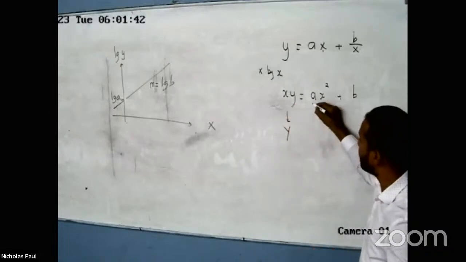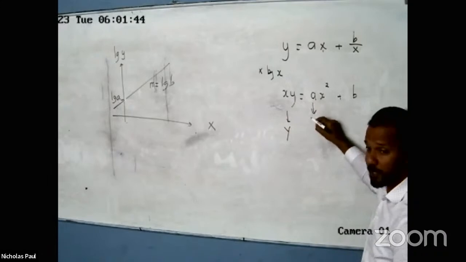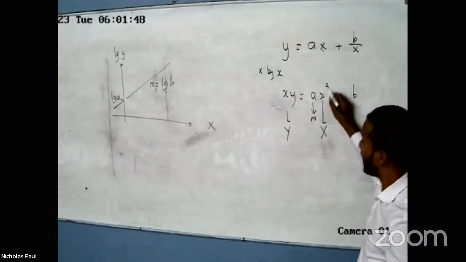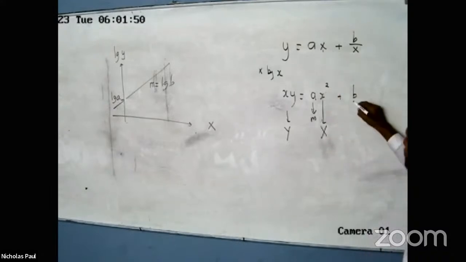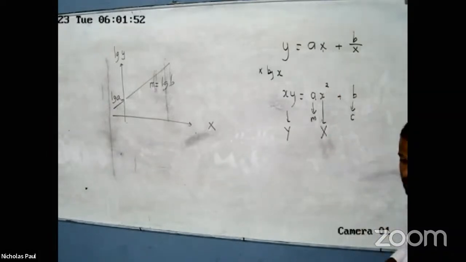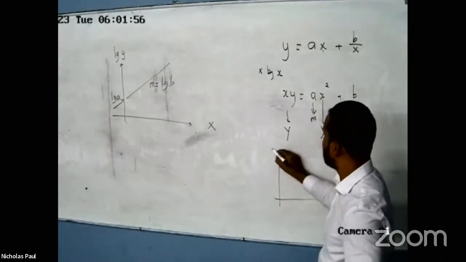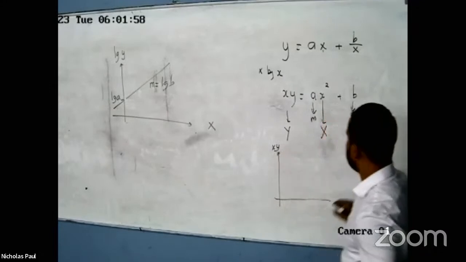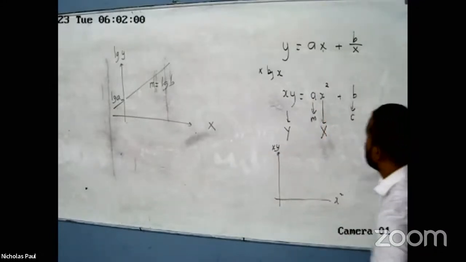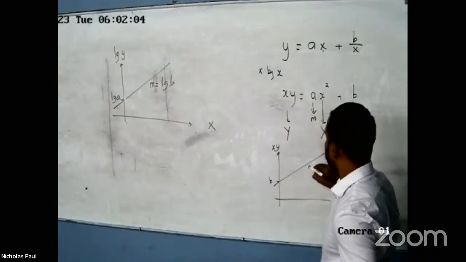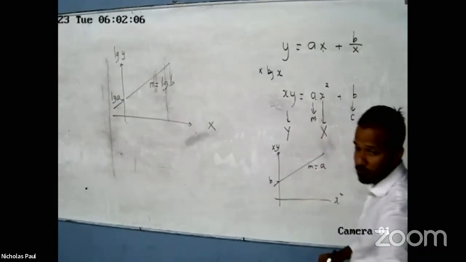What about the gradient? x squared alone. So everything good. You could plot a graph of xy versus x squared, and it will be a straight line, y-intercept b, gradient a.